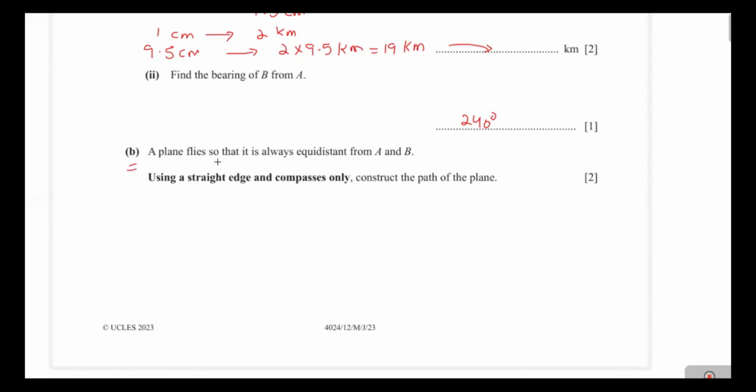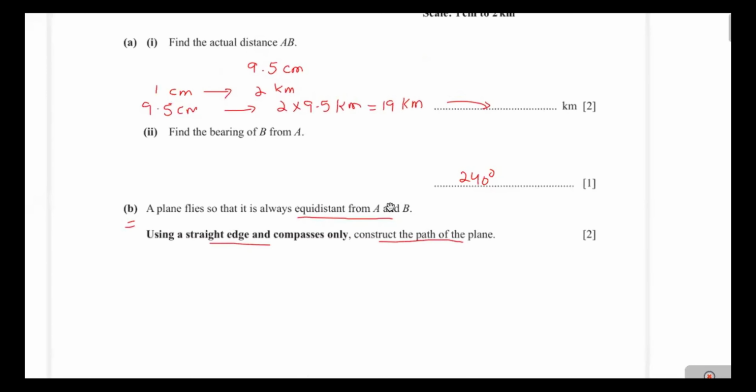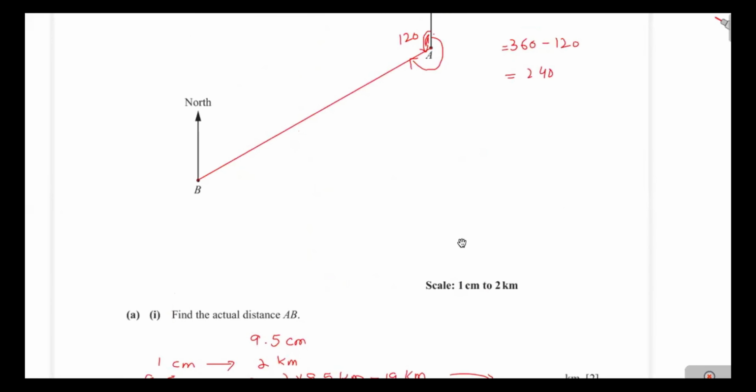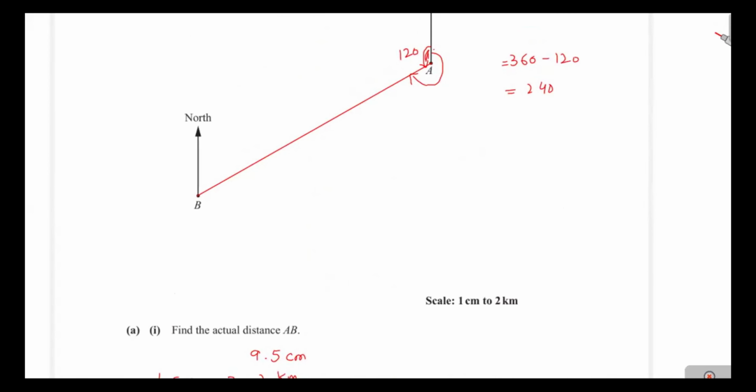Part C, a plane flies so that it is always equidistant from A and B. Using a straight edge and compass only, construct the path of the plane. Now, equidistant from 2 points, we construct a perpendicular bisector between A and B. Now we draw the perpendicular bisector using the compass.